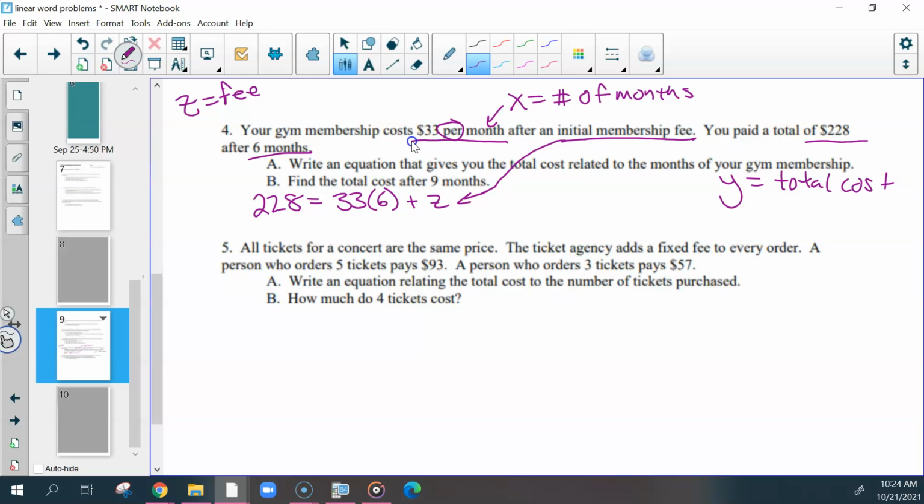So sometimes your equation won't have all the parts. Sometimes you have to find the missing part and they give you other parts of the information. So here we can solve this for Z to find the actual equation and then go back and find B. Subtract 198 on both sides.